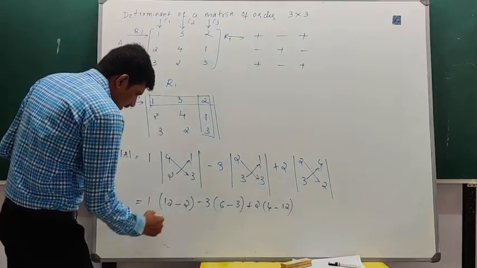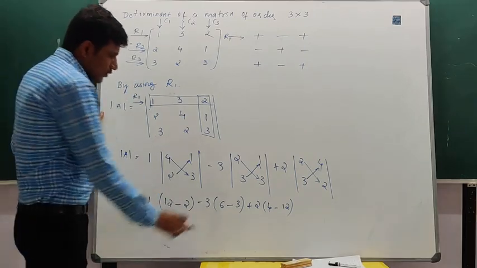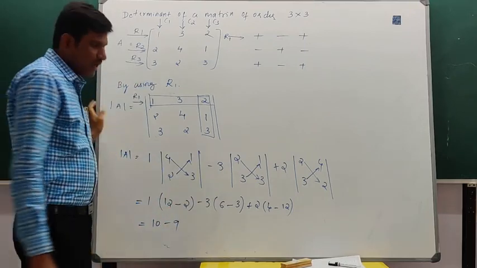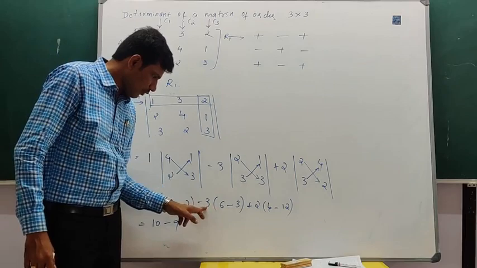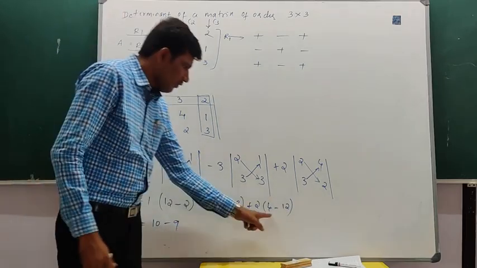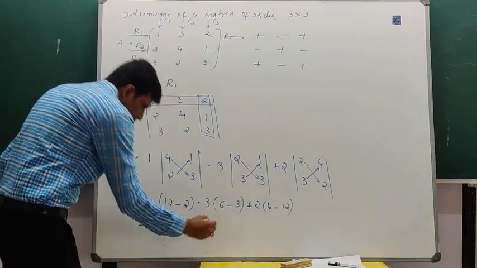Right? So now see here, 12 minus 2 is 10, 10 into 1 is 10. 6 minus 3 is 3, 3 into minus 3 is minus 9. 4 minus 12 is minus 8, minus 8 into plus 2 is minus 16. Right?